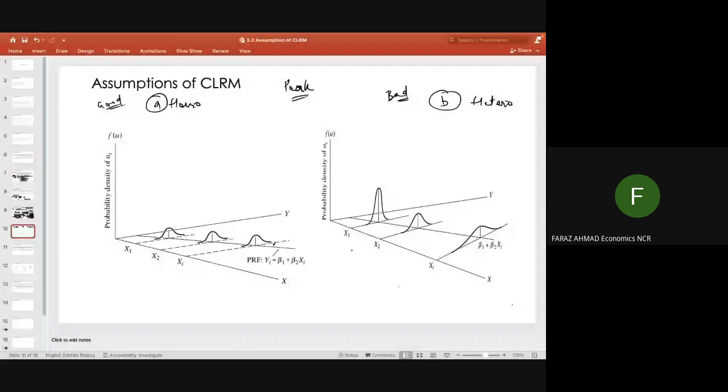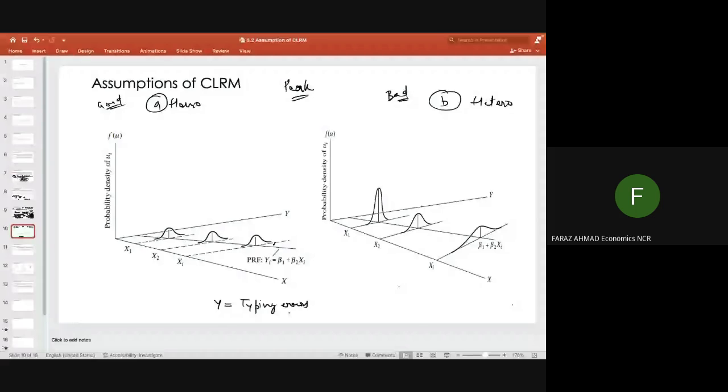Let's take one example. Suppose y is the number of typing errors, and x is hours of practice.